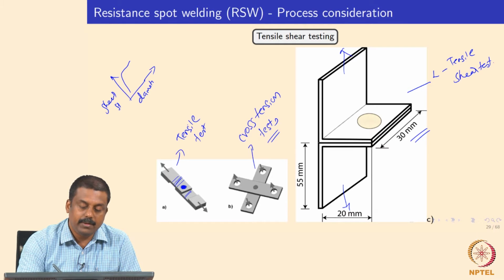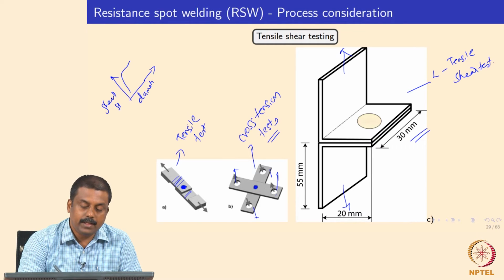Instead of a simple tensile sample, we make a weld on two sheets in a cross geometry, as shown in this figure, and then we pull the top plate in tension and the bottom plate in the other direction.